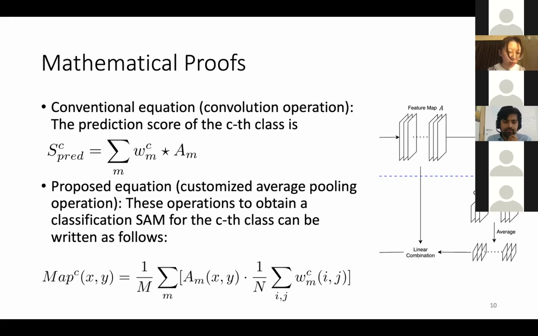In this equation, we reduce the convolutional kernel to a value, which is the average of the kernel. This value is multiplied with the feature map to generate the weighted feature map. A linear combination is then applied to combine all channels of the weighted feature map to yield a sum for class C, which is annotated as map C. Our proposed equation aims to maintain the data sparsity, which will also be illustrated in the next slide.